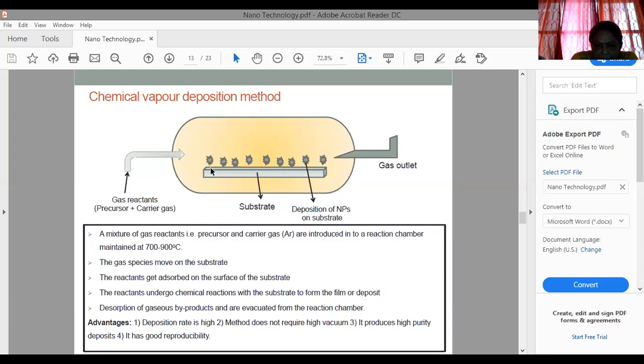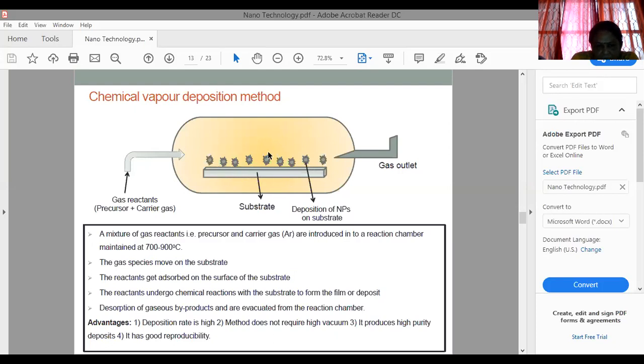What happens actually is, at a high temperature, nucleation takes place. Slowly these 2 to 3 or 4 atoms combine with each other. So nucleation takes place in the reaction chamber, and they get deposited on the substrate.